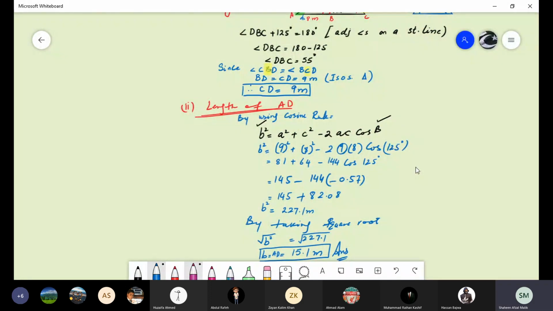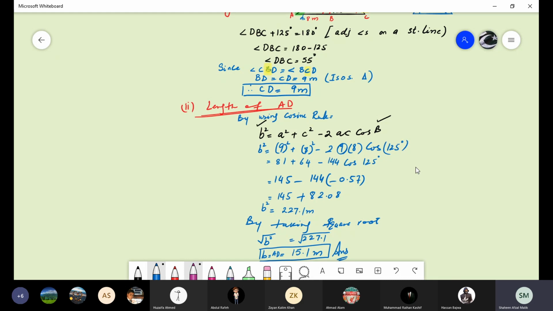Yes, boys. This is the question. The figure was given to you in the question, and we have to find out two things. The one thing is the side CD. Two angles are given: this one is 125 and one is 55.